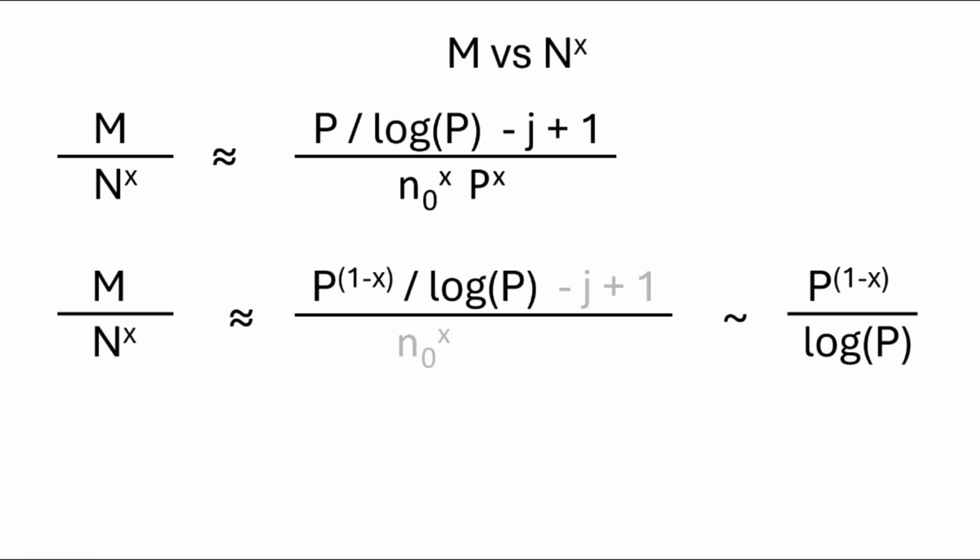The way mathematicians reason about a situation like this is they're looking at the derivatives to see how fast the functions are growing. Like which derivative ends up bigger eventually. The derivative of p to the 1 minus x is 1 minus x, p to the negative x, right? And the derivative of log of p is 1 over p, or p to the negative 1. In the beginning, that 1 minus x multiplier might be significant, but it's fixed. And eventually the value of p grows bigger.